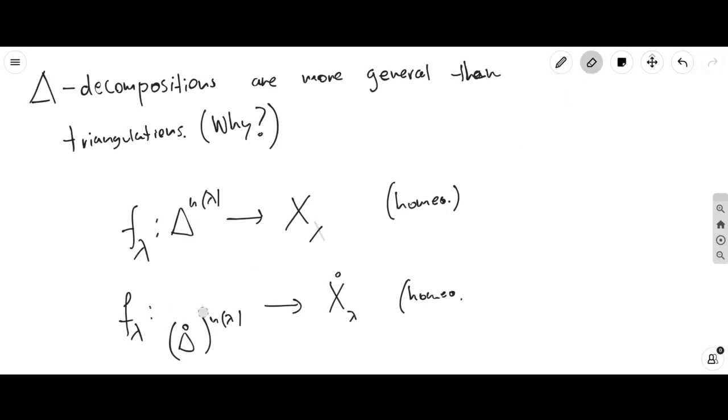If you restrict that, I'm going to call it f lambda again, that would again be a homeomorphism. And also the interiors do not overlap for the simple reason that if two triangles overlap, they only overlap on their faces. That's the assumption. So if you stay away from the faces, then the interiors are non-overlapping. So delta decompositions are therefore more general.